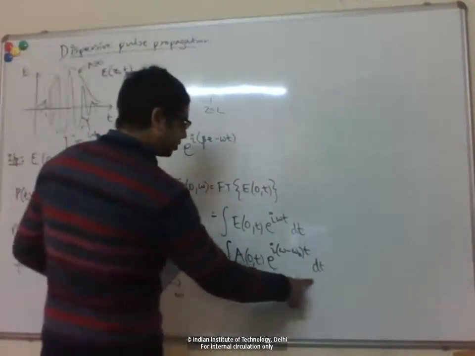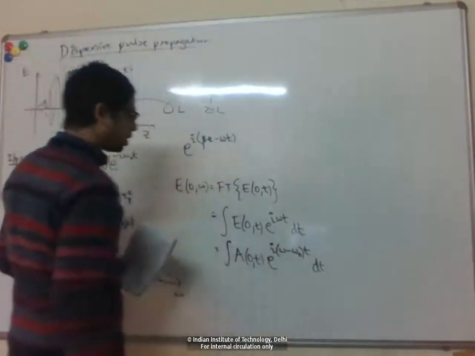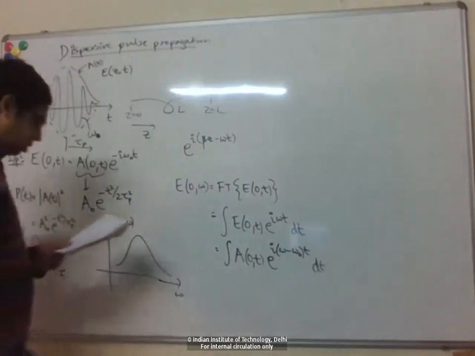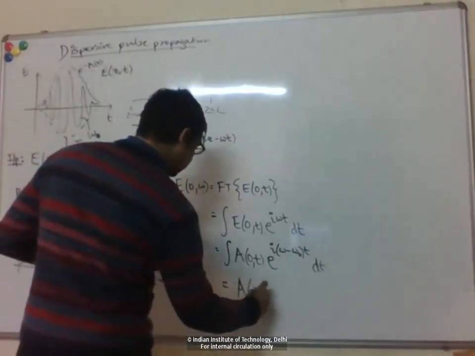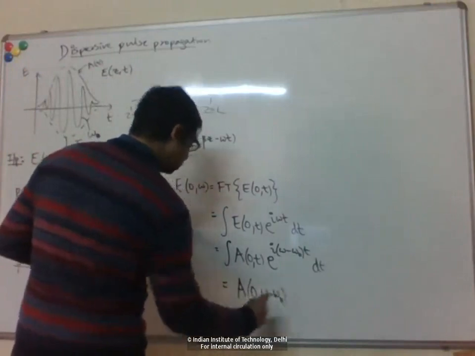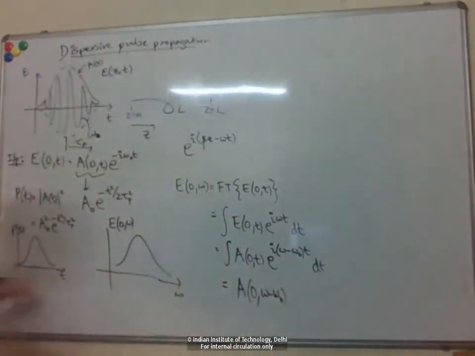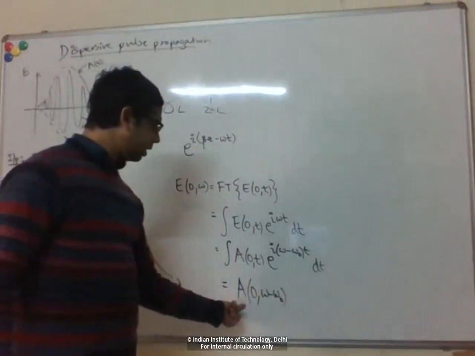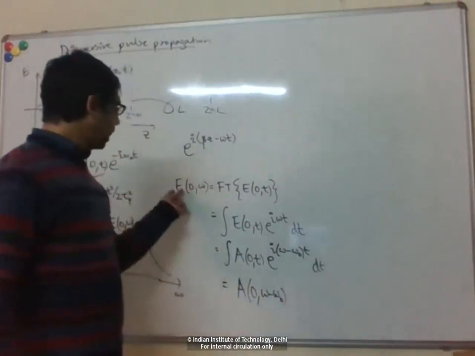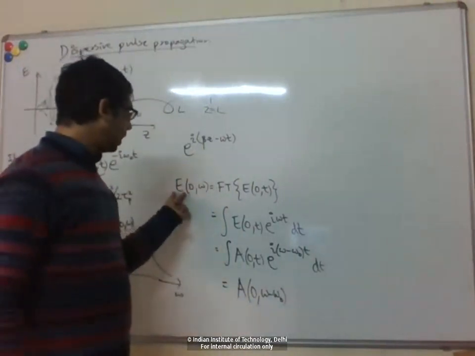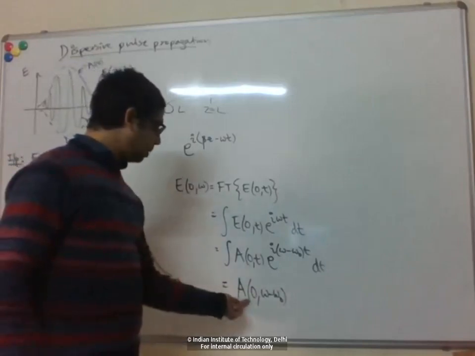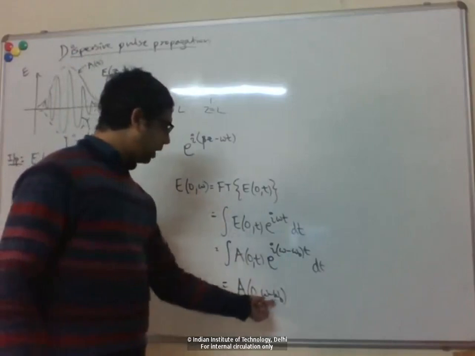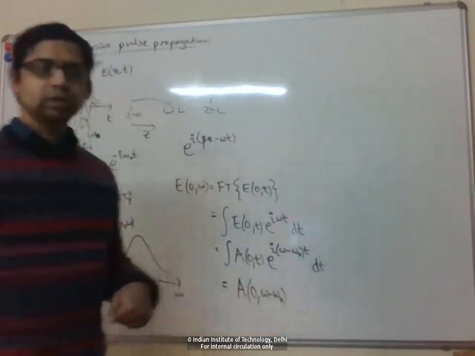This is a Fourier transform at a frequency omega minus omega naught, so this is the spectrum of A. So the spectrum of the total electric field at frequency omega is the spectrum of the envelope at frequency omega minus omega naught.